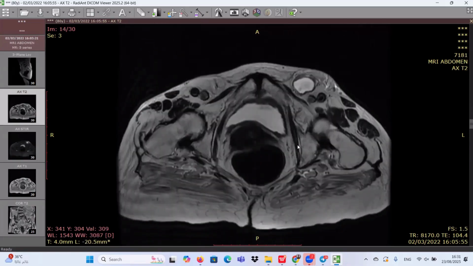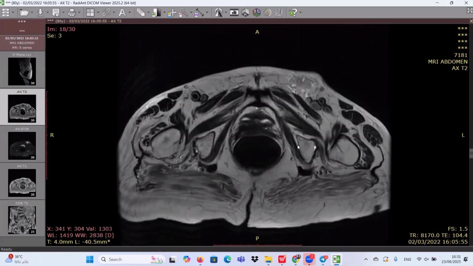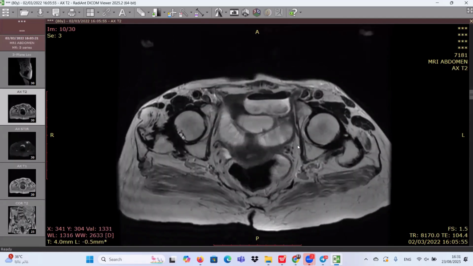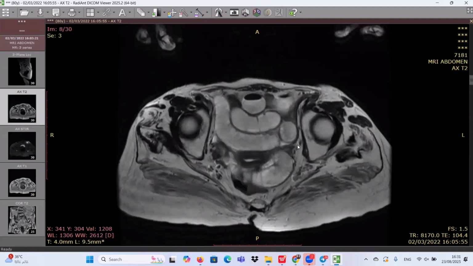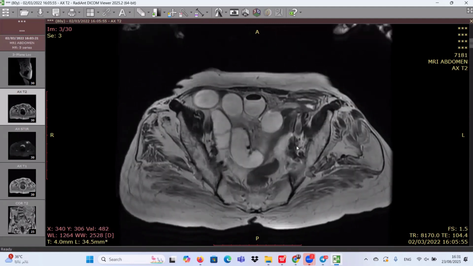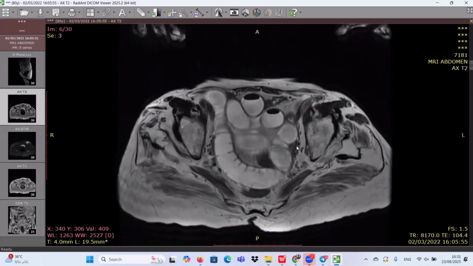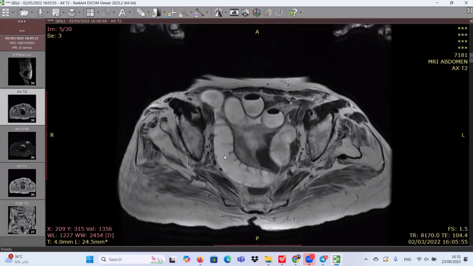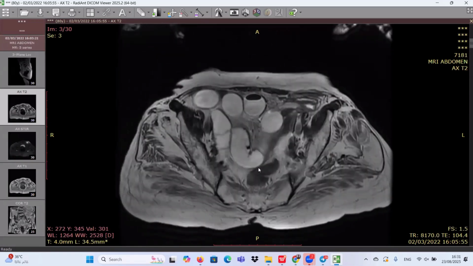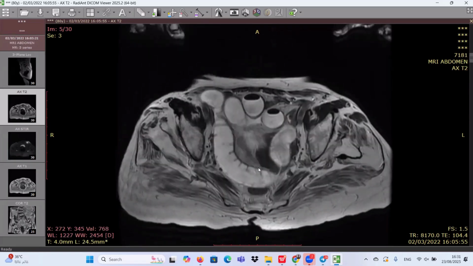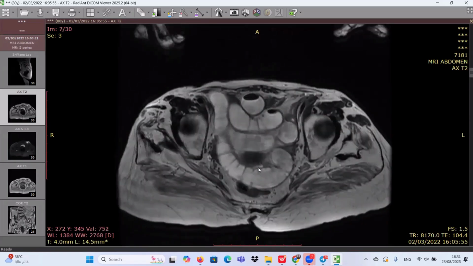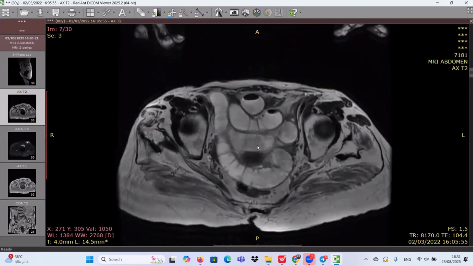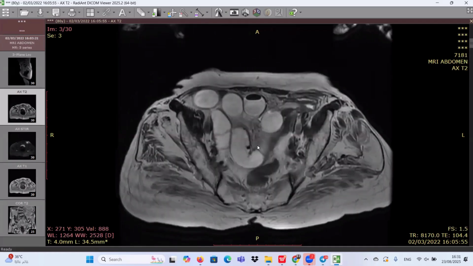But no signs of contrast extravasation. No leak. We didn't give the patient any contrast, but this is a normal fluid signal, because there is a stagnation of the fluid inside the dilated small bowel loops.